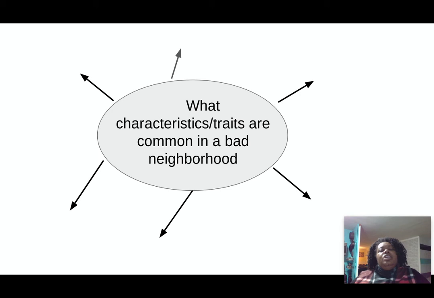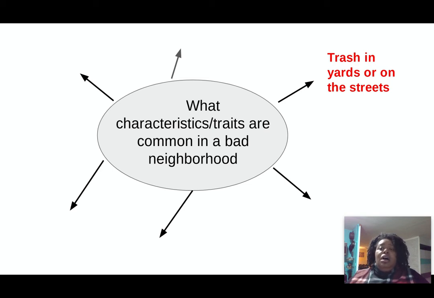Okay, so in your brainstorm, what I would like for you to do is to think not only of the physical things, but also things that might not be so physical. So, for example, this is what I mean. You might say that a common trait or characteristic of a bad neighborhood is that there's trash on the ground.